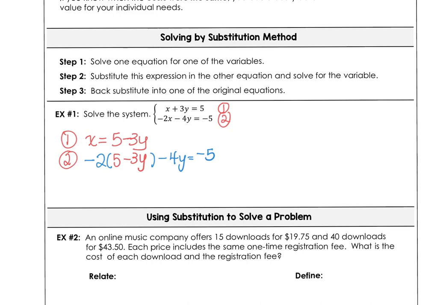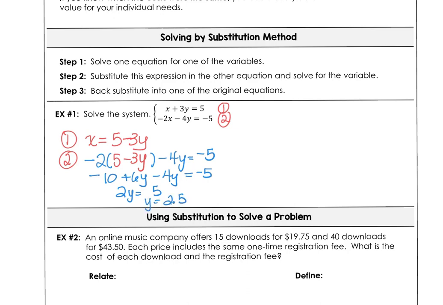Now we can solve for y. We have negative 10 plus 6y minus 4y equals negative 5. So 2y is 5 and y is 2.5, or 5 halves.